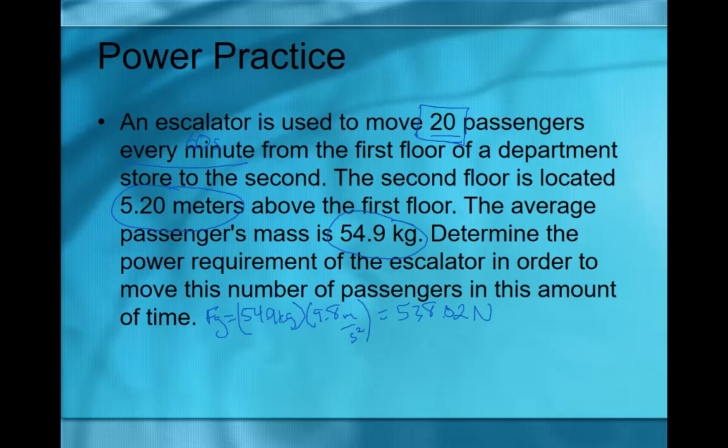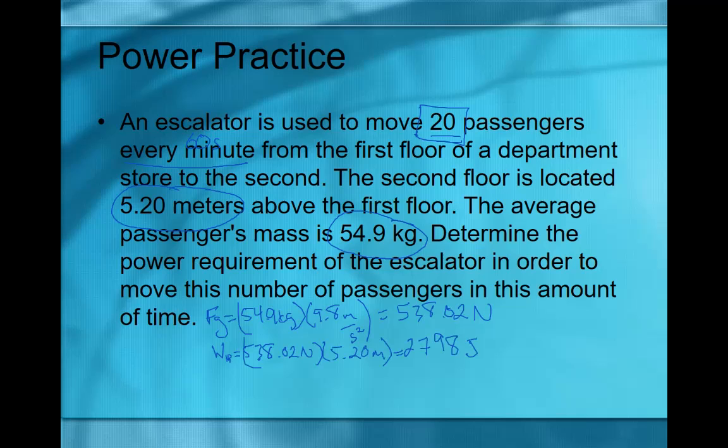But we have to move that person over 5.2 meters. So when we do work, and this is for one person, work 1P, we're going to do 538.02 newtons times 5.20 meters. That's a Newton meter, which will give us a joule. So we multiply that by 5.2, and that gives us an answer of 2,798 joules.